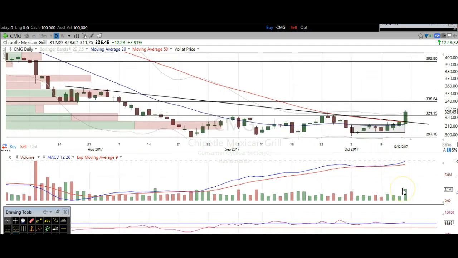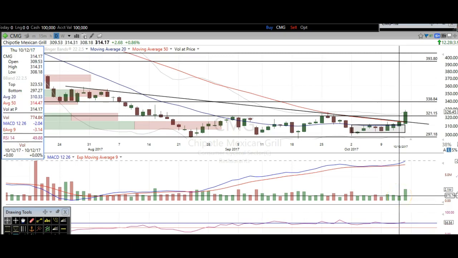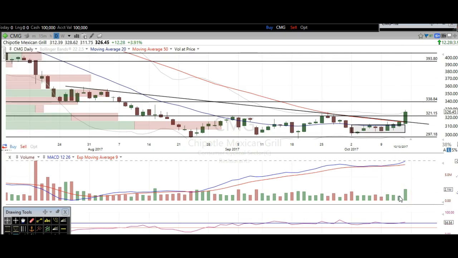The other reason that I continue to like Chipotle along here is because of this volume that we're seeing. We saw probably about double the average volume that we see normally. The previous day right here was 775,000 shares, and we traded 2.1 million shares on Friday. So there's more than double the volume.